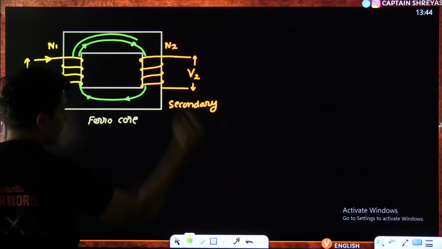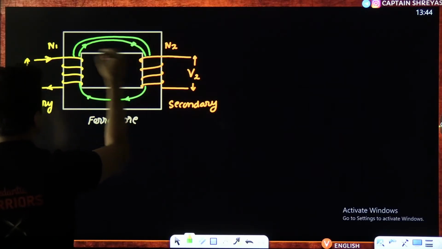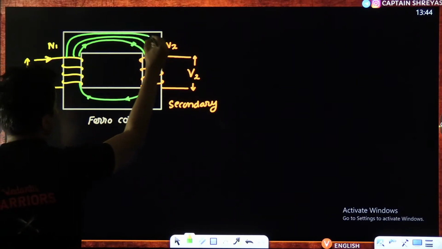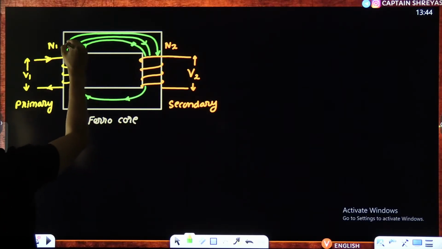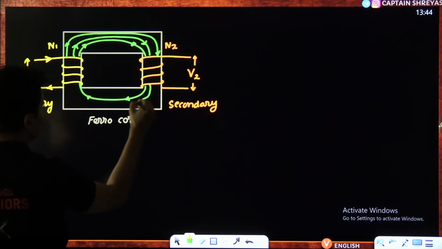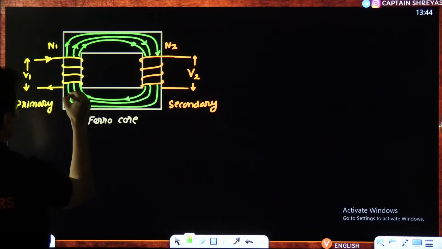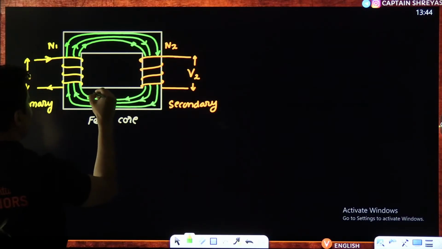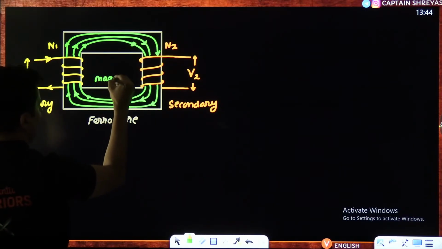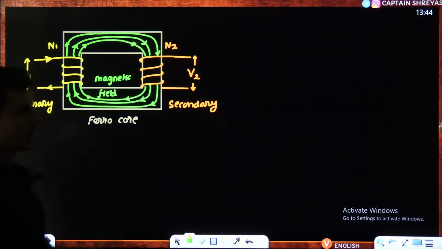Hardly any magnetic field lines will escape because of the ferromagnetic nature. Very, very important. These are the magnetic field lines, so they will pass through the secondary coil.